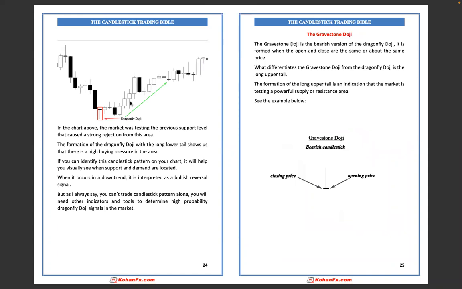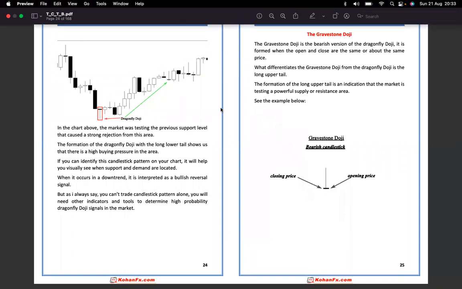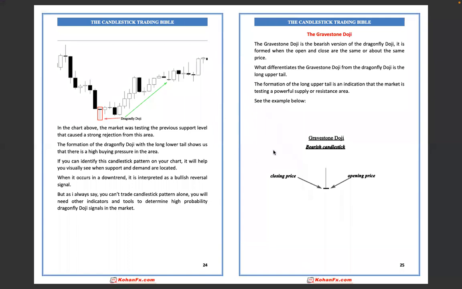If we look at this illustration, when the market is dropping and we see something like this, then we know that the sellers are getting tired, and buyers are getting ready to take over the market. Great. So this is the dragonfly doji.